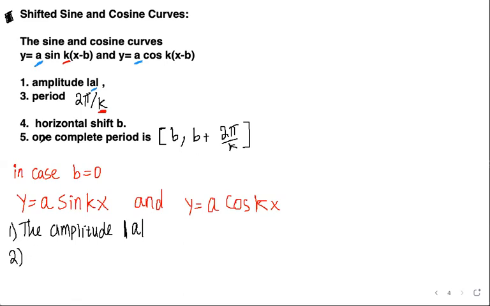Number 2, the period is the same thing, 2 pi over k. We don't have any horizontal shifting, no horizontal shifting.